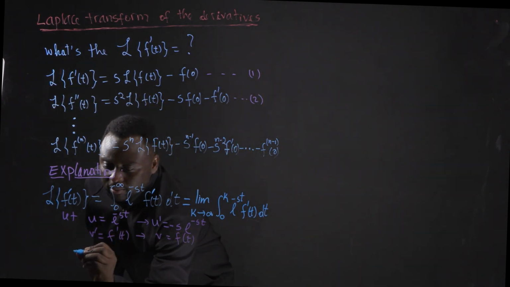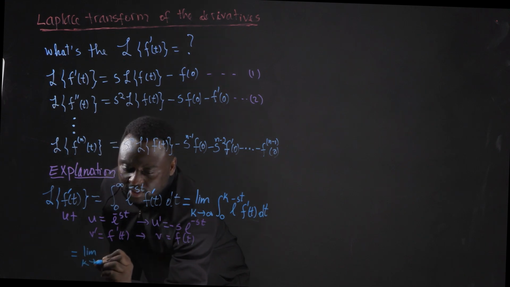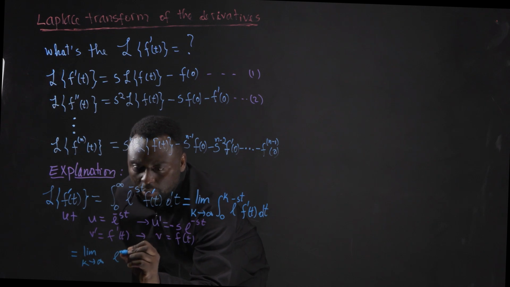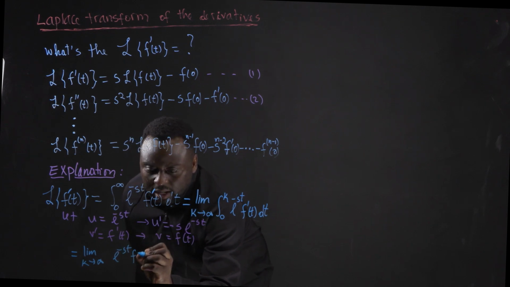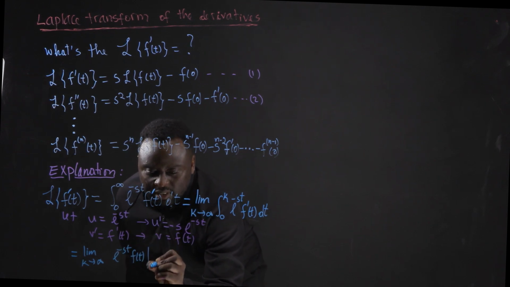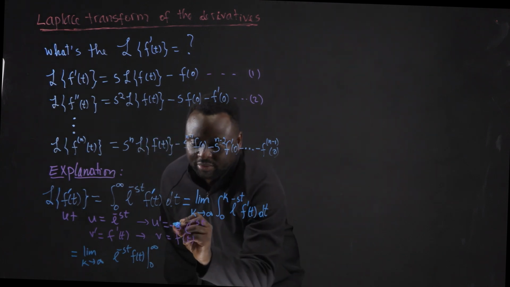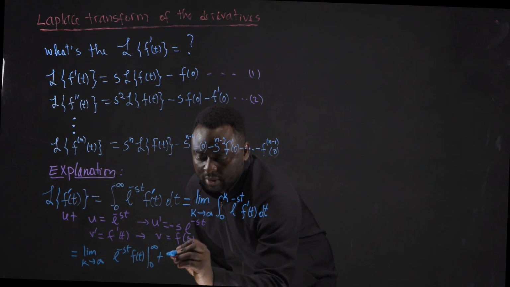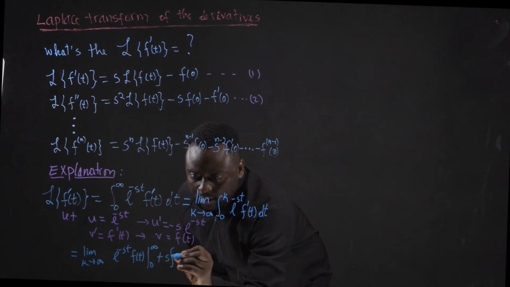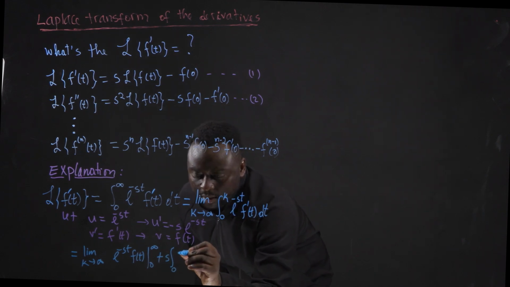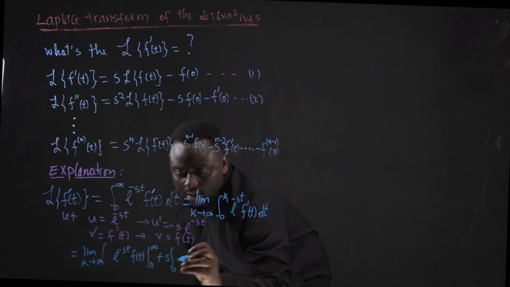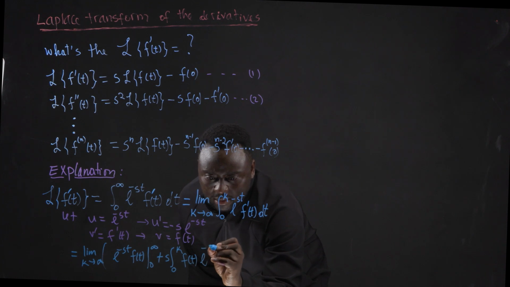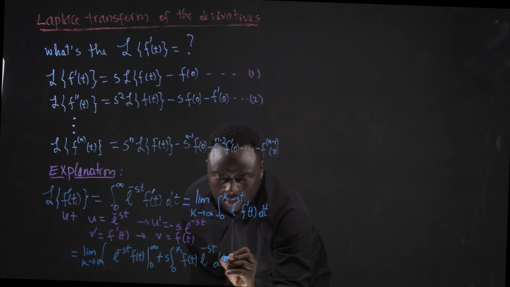This becomes the limit as k tends to infinity of u times v, which is e to the power minus st times f of t, from 0 to k. We have the negative sign here, and with the negative sign coming from the formula, it becomes positive: s times the integral from 0 to k of f of t e to the power minus st dt.